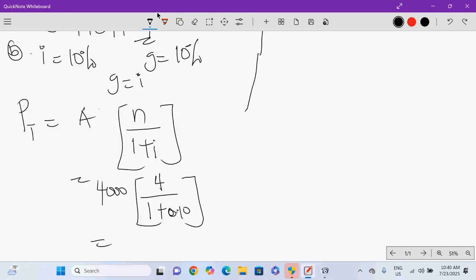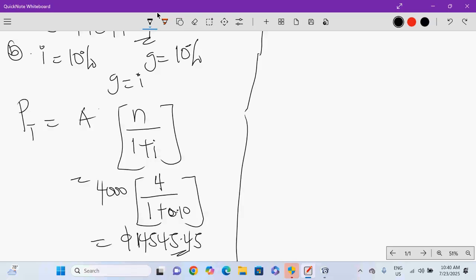And this is giving us what? So according to my calculator, this is giving us 14545.45.